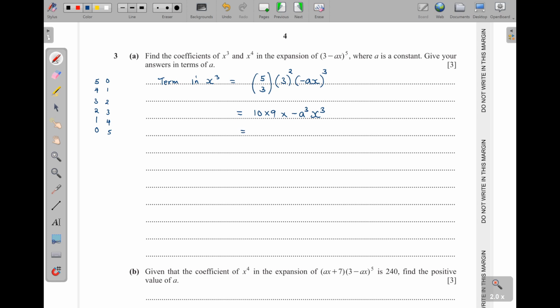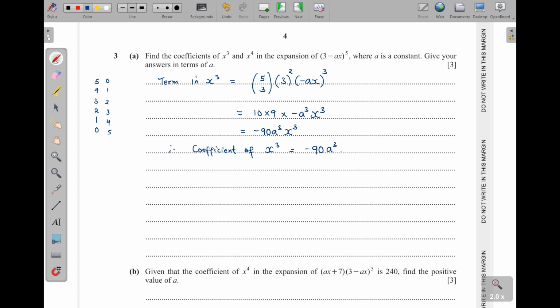So meaning the coefficient of x to the power of 3 is going to be negative 90 a cubed. Okay, so I can conclude and say the coefficient of x to the power of 3 here is going to be equal to negative 90 a cubed.